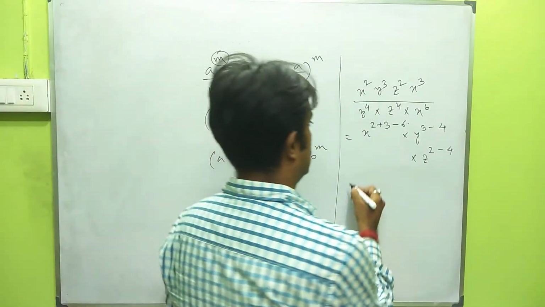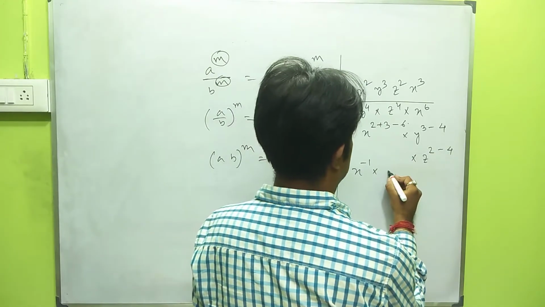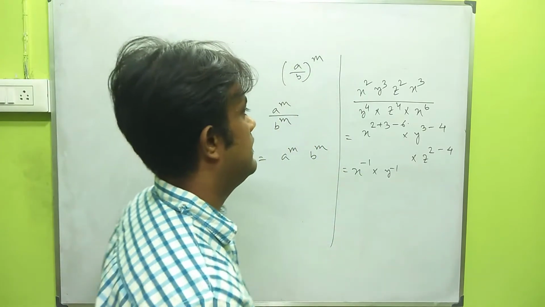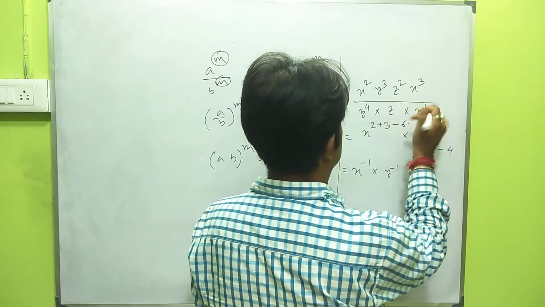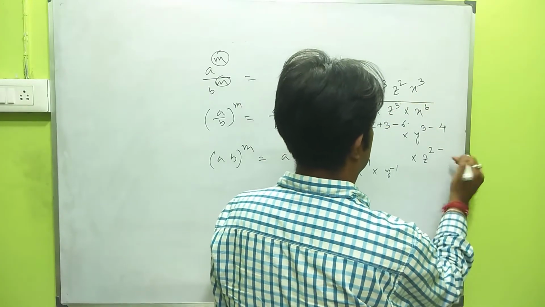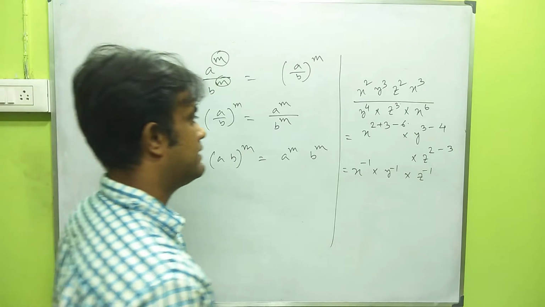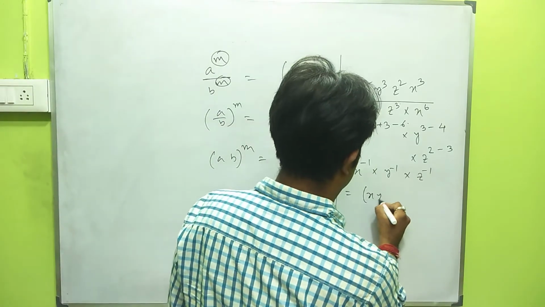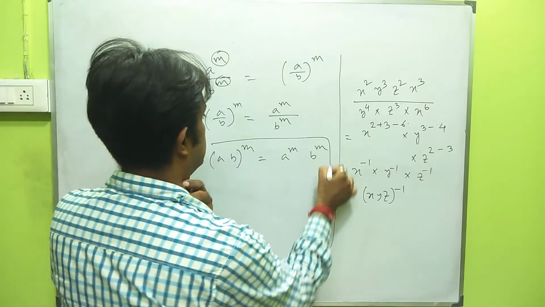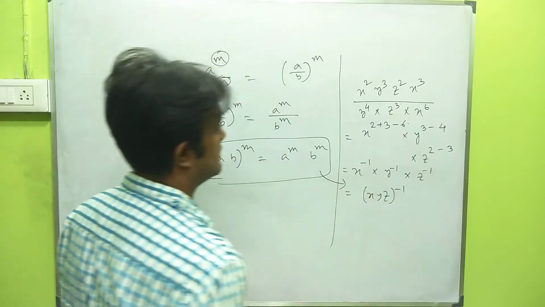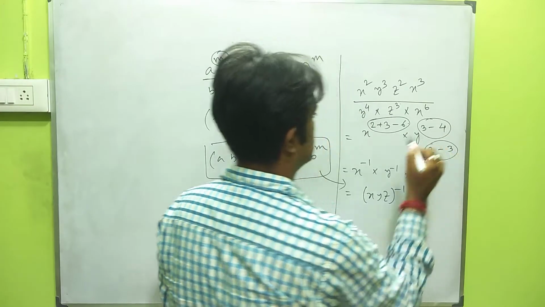What will be our result? X to the power minus 1 into y to the power minus 1, and z to the power minus 1. So we can write here xyz whole to the power minus 1. This is the application of this formula, and we already discussed why it occurs.